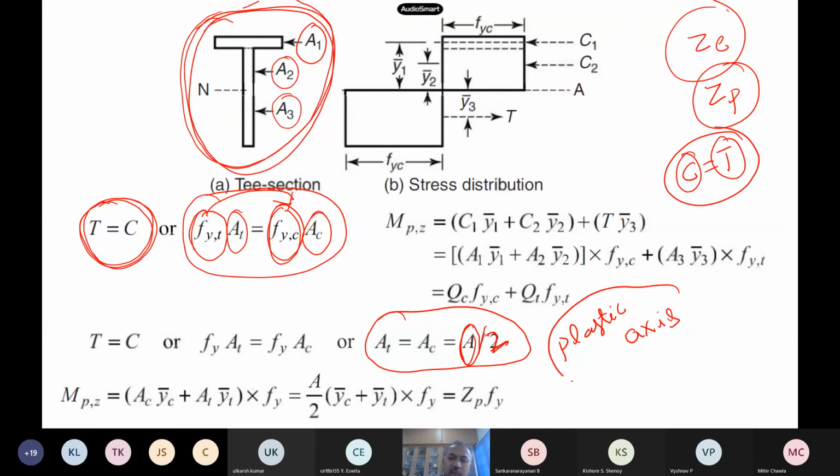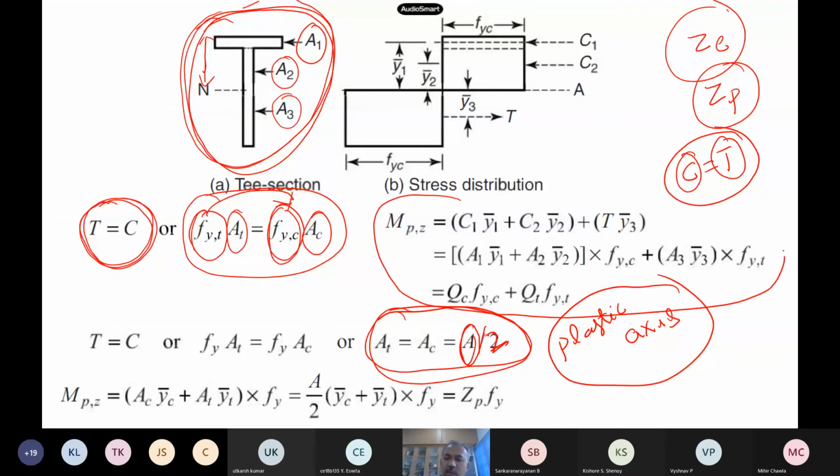This is how we locate the plastic axis for any given cross section: take the total area divided by 2 and find the depth such that the top area and the bottom area are the same. Once I know this plastic axis, the equal area axis, I find the plastic section modulus and other properties.